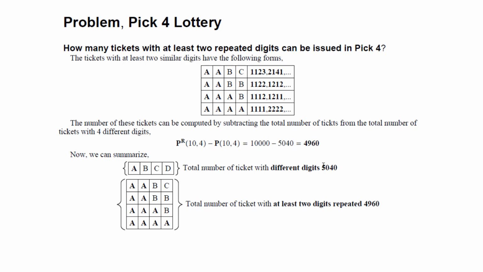Now we can summarize the result as follows. We have 5040 tickets with different digits, and we have 4960 tickets with at least 2 similar digits, and these are all the tickets.